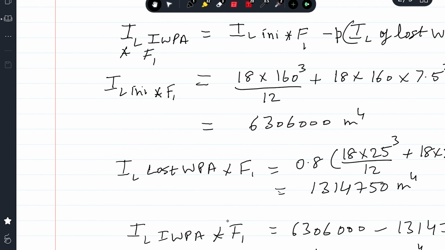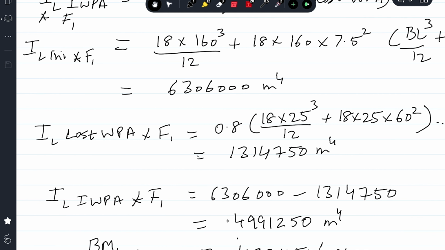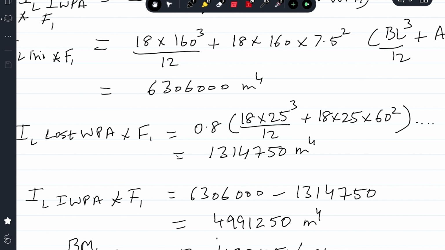So we were at the moment of inertia IL of the lost water plane area about F1. That moment of inertia will also have to be multiplied by 80% because only 80% is lost. So 0.8 is the permeability I keep outside, and in the bracket I have BL cube upon 12 plus again AD square.